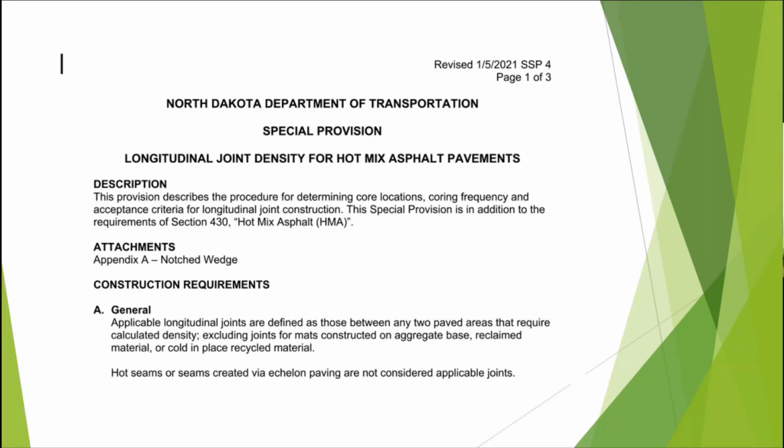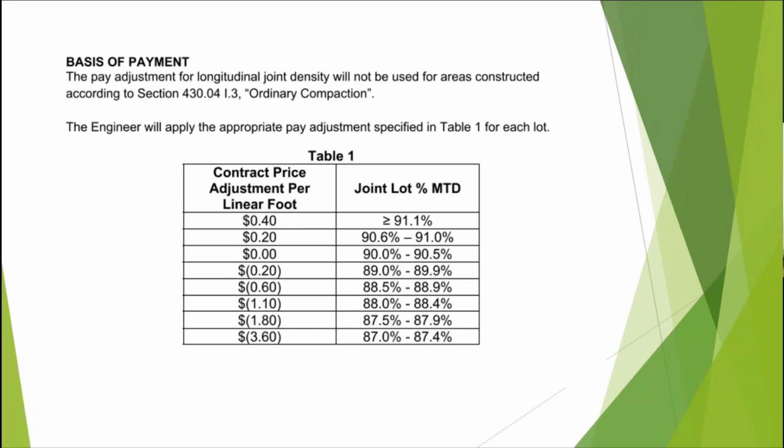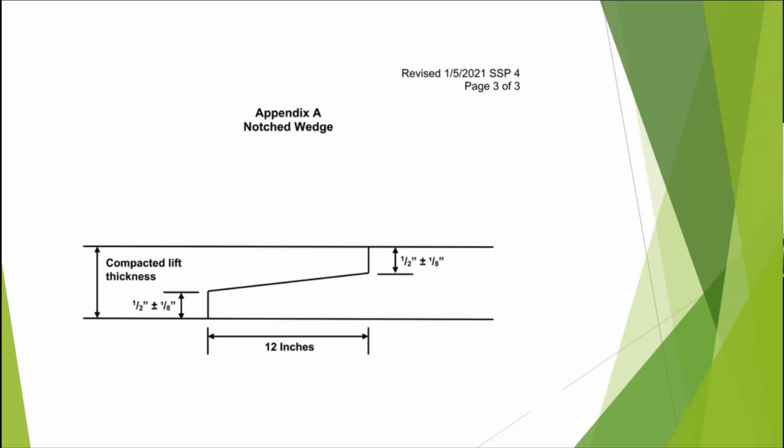Again, we talked about this special provision, the standard special provision for longitudinal joint density, as somebody brought up at the break, and I guess it goes from 40 cents down to a 360 penalty, but that's per lineal foot, and that's a standalone deal. Now, the notched wedge joint on projects is allowed. Again, SSP4 is the standard special provision, and if you can do it, the notched wedge facility has to be on the screed.